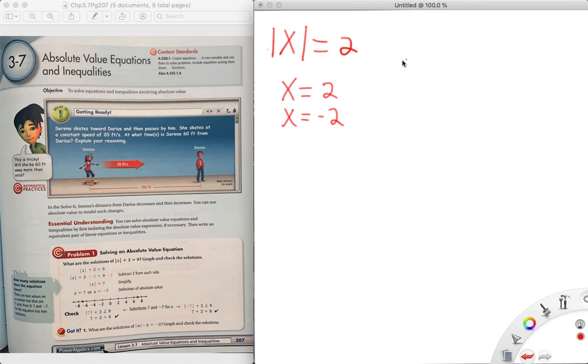from 0. So when we graph something like this, we start at 0 and then we're going 2 units to the right, put a circle here, and then when we graph it on the other end, we'll go 2 units to the left.